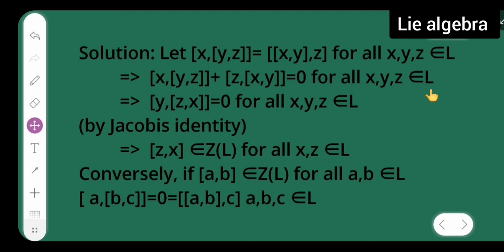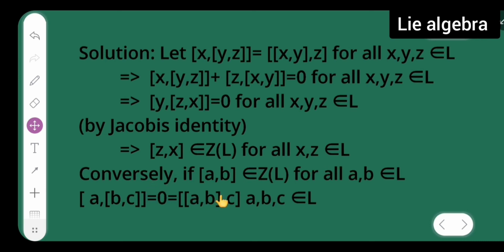Now what I'll do is, this implies [z, [y, [z, x]]], put the Lie brackets, is equal to 0, for all x, y, z belonging to L. This I have taken from the Jacobi identity. Now finally you can say this implies [z, x] belongs to Z(L) for all x, z belonging to L. And how will you prove the converse?